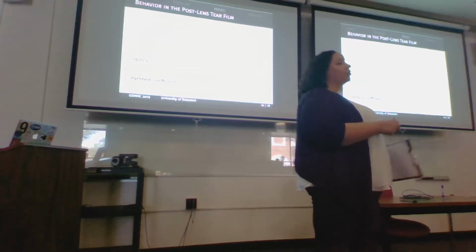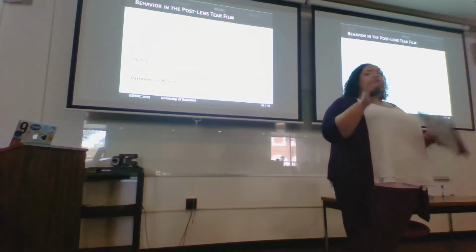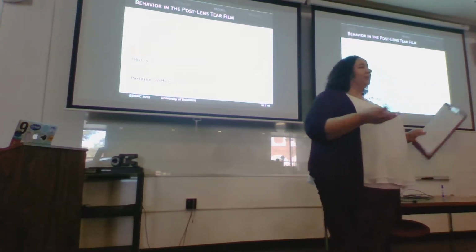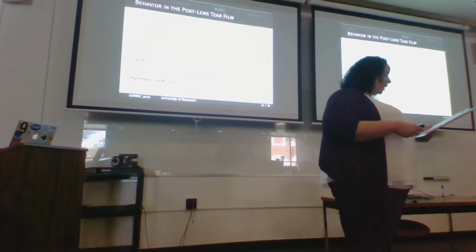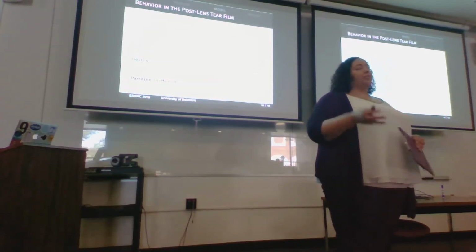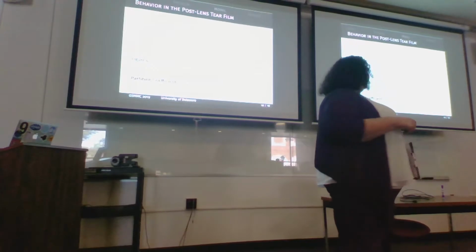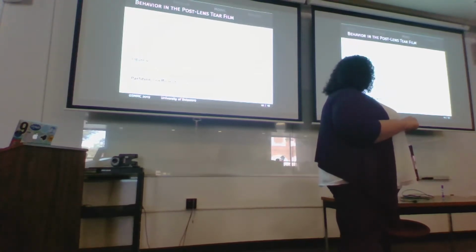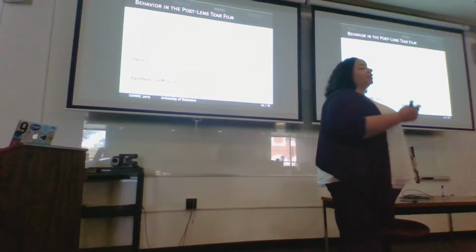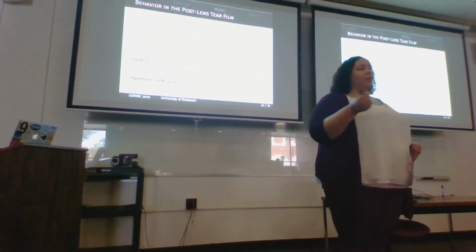This F term was derived using a partial differential equation, and it just represents the force of compression during the blink. We have our Gaussian function again, and Kr is just our proportionality constant for the change of height in the post layer.